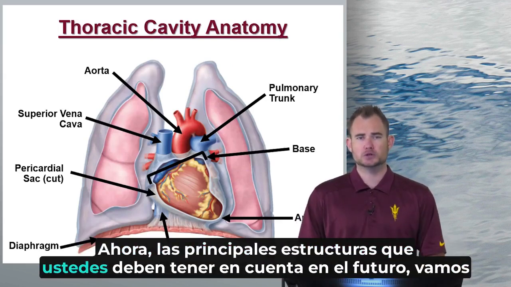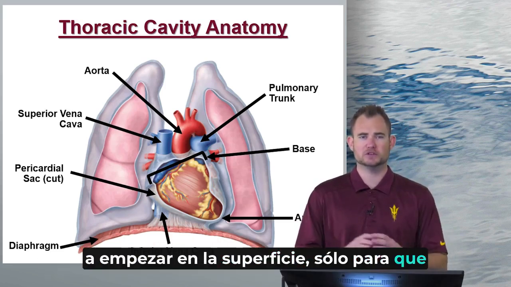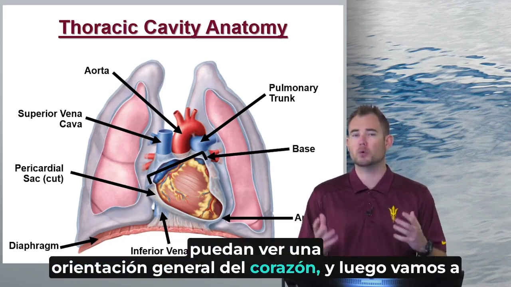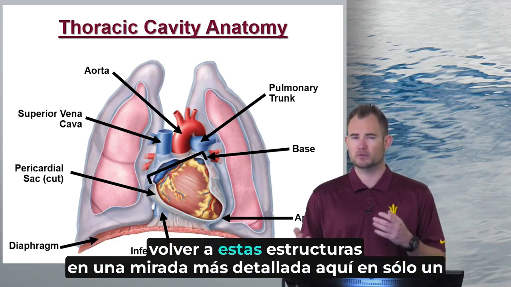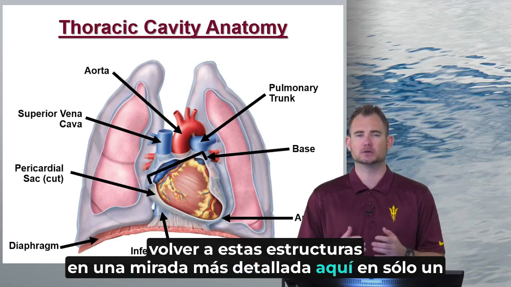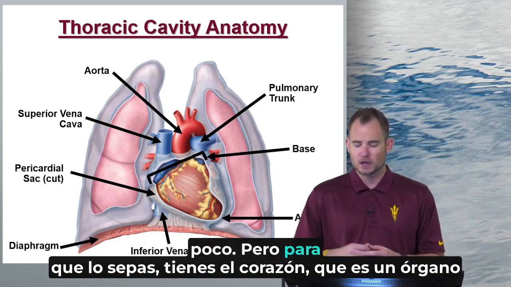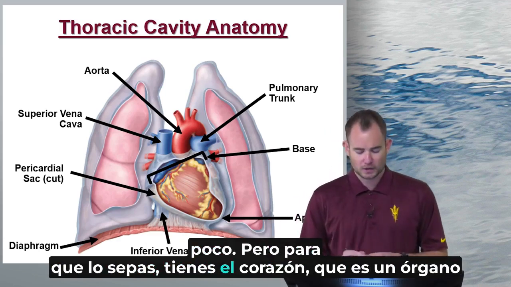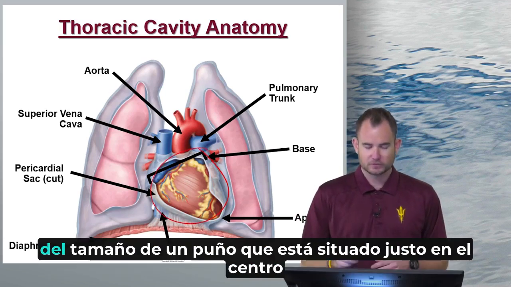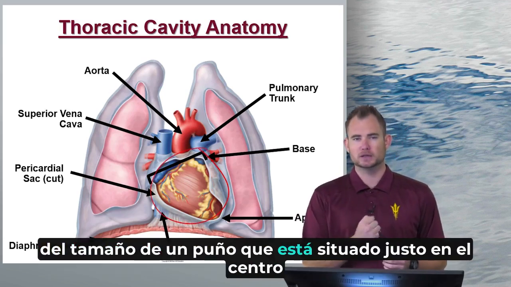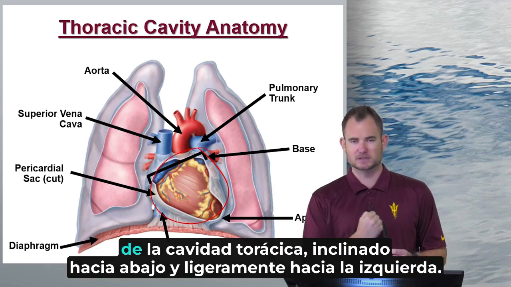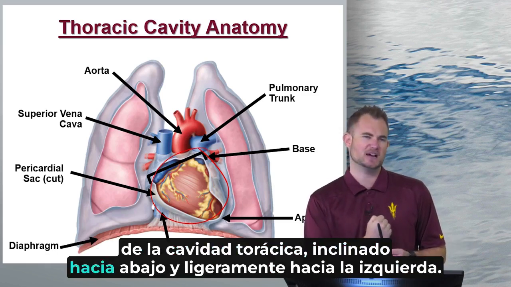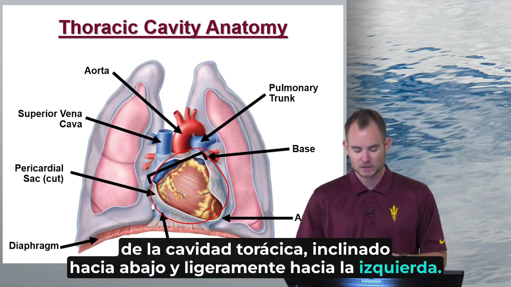Now, the major structures that you need to be aware of moving forward. We're going to start out on the surface just so you can see a general orientation of the heart, and then we'll revisit these structures in a more detailed look in just a little bit. But just so you are aware, you have the heart itself, which is about a fist-sized organ located in the center of that thoracic cavity, tilted down and slightly towards the left.